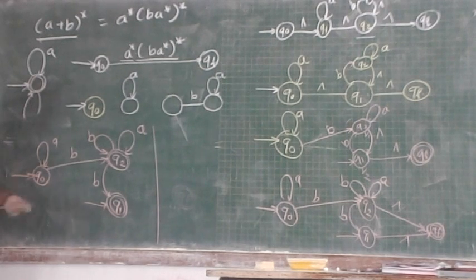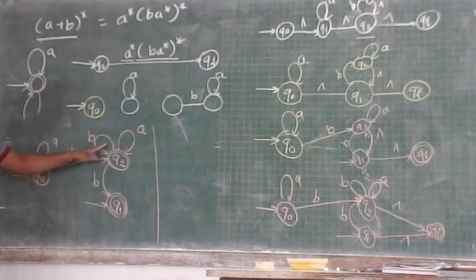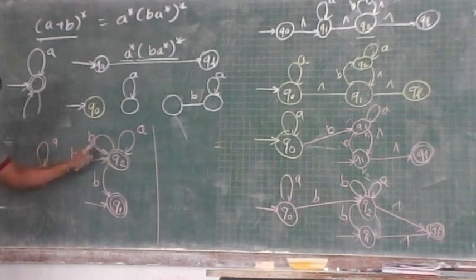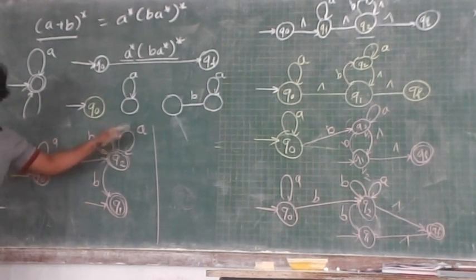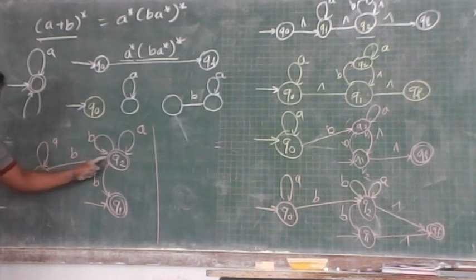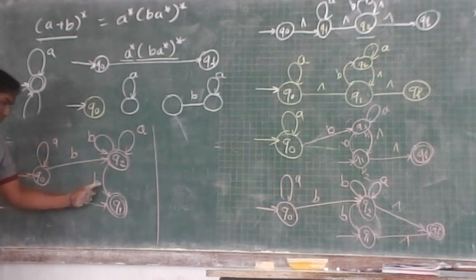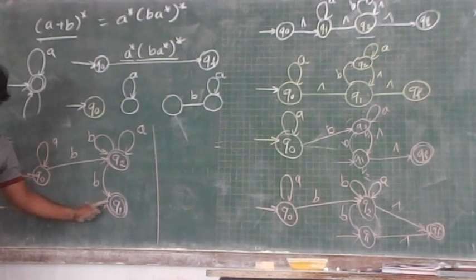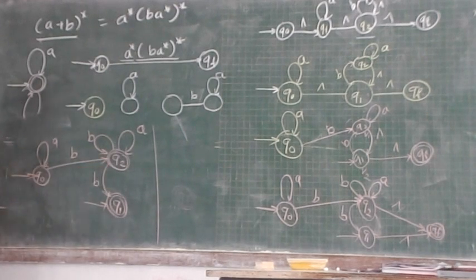Why to merge? You can clearly see by common sense that being at Q2 state, you can produce any number of A's, any number of B's, and then for the last B, you are going to this Q1 state. So if we merge these two, what happens?